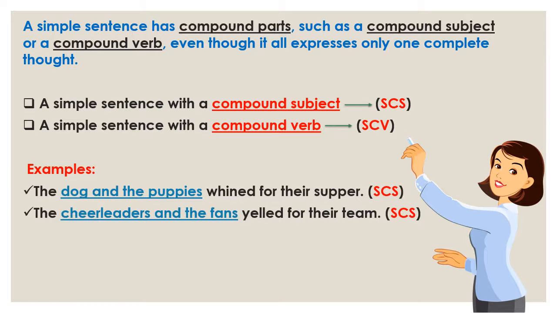Pay attention very carefully. When I say, the dog and the puppies whined for their supper, you see how I underlined? Here we have two subjects. So when I have two subjects together, what do I call them? Compound subject. Dog, puppies. Two subjects together, they will make a compound subject.